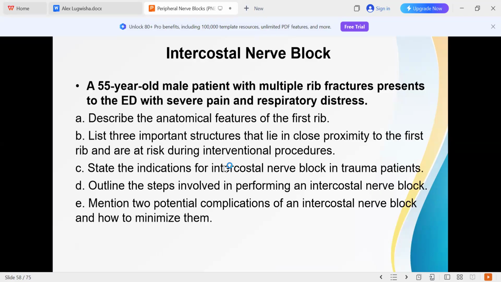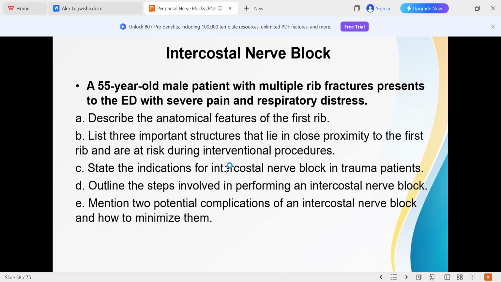So look at this question, for instance. A 55-year-old male patient with multiple rib fractures presents to the emergency department with severe pain and respiratory distress. The first question: describe the anatomical features of the first rib.